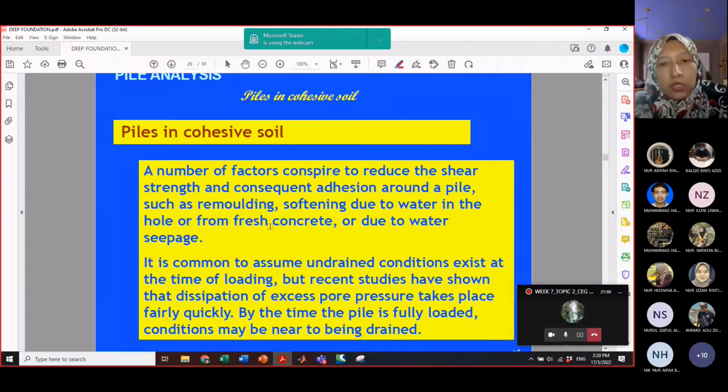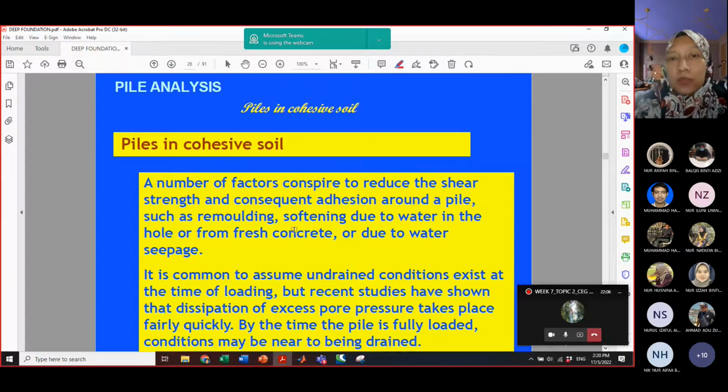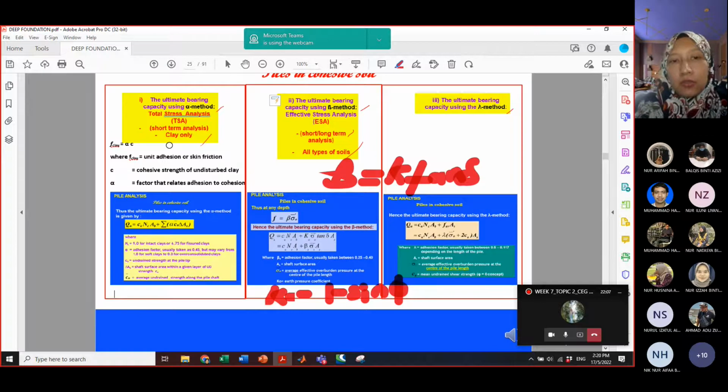So it is common to assume the undrained condition exists at the time of loading, but recent studies have shown that the dissipation of excess pore pressure takes place fairly quickly. By the time the pile is fully loaded, the condition may be near to being drained. So that's why it says that in cohesive soil, there is a total stress condition and a condition for effective stress. Whether you look at the short-term stability analysis or the long-term stability analysis.